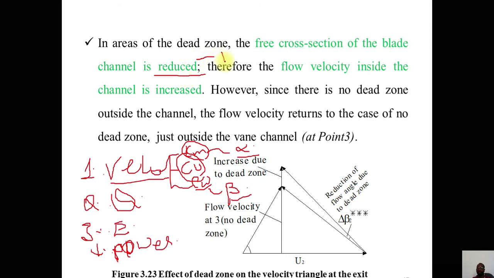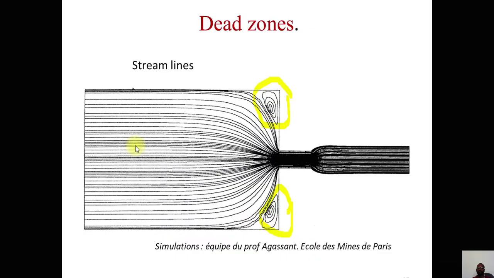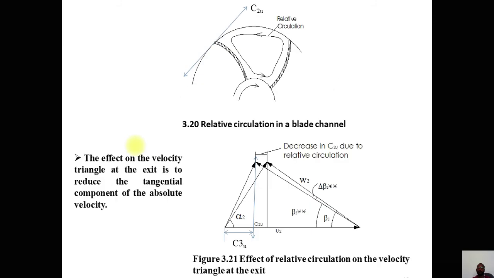At the inlet side, there is a decrement in size. That is why there is a decrement in area, which leads to an increment of the velocity. However, since there is no dead zone outside the channel, we return to the case of no dead zone outside.